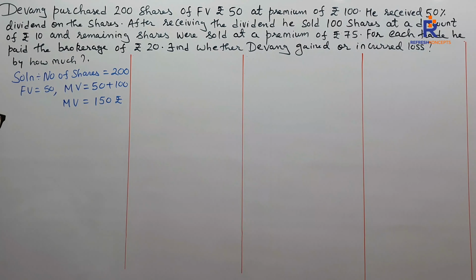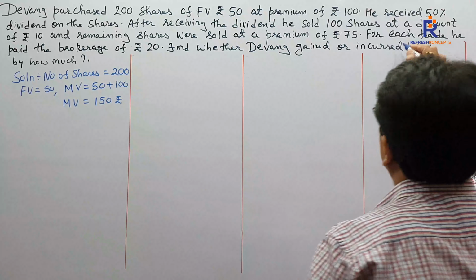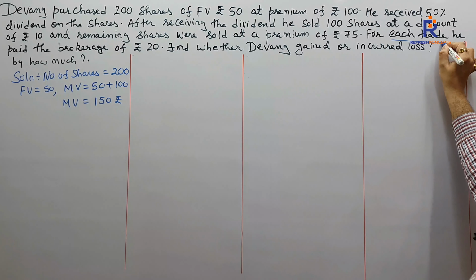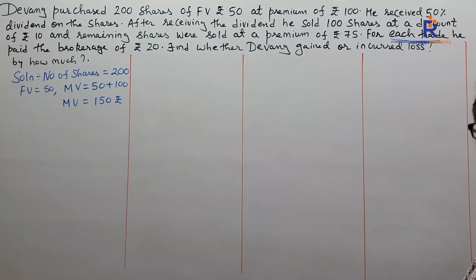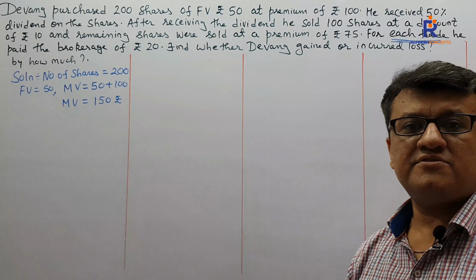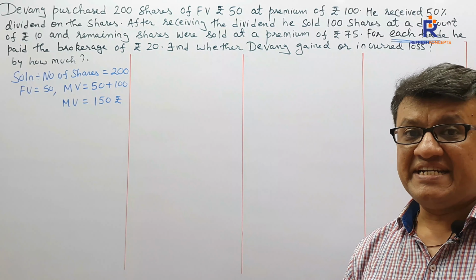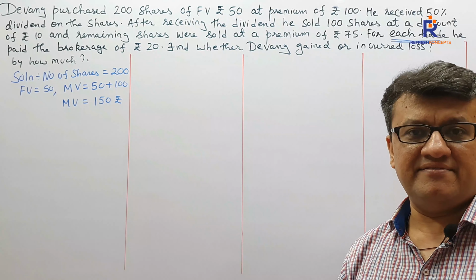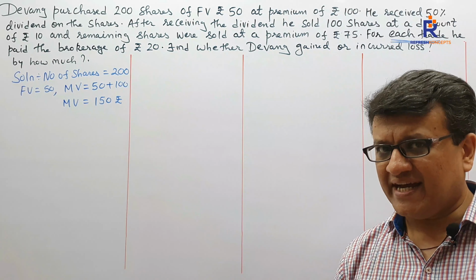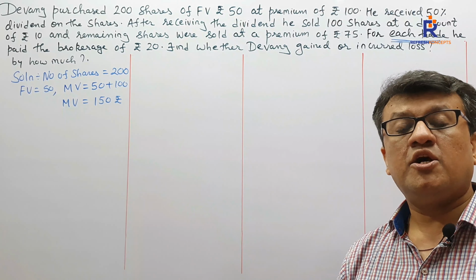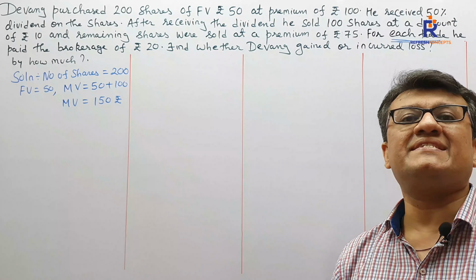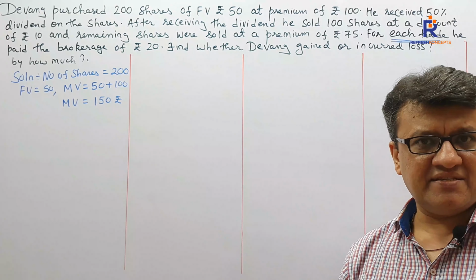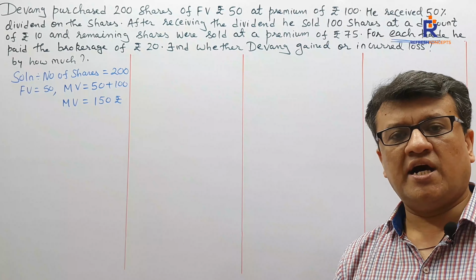For each trade, mind you, when we say trade, that means buying and selling should have happened. Getting dividend is not regarded as a trade. Trade means on purchasing or on selling. If you purchase a share or shares, you are doing a trade.